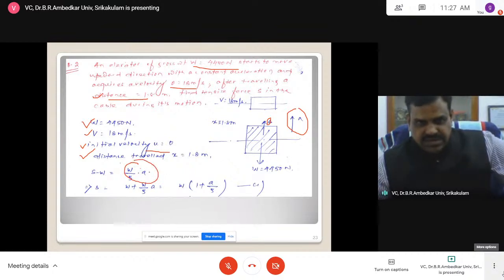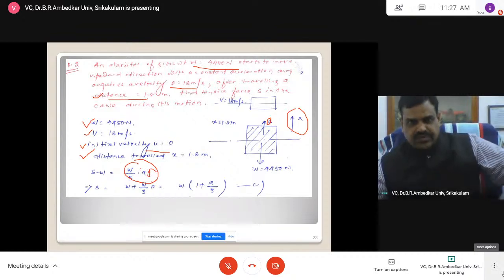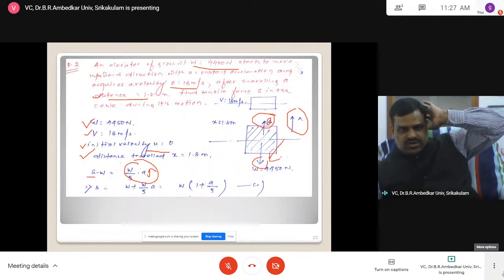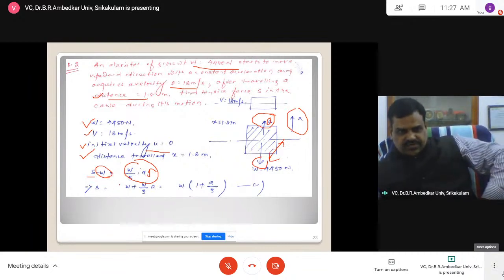The acceleration direction is this here. In the direction of acceleration is positive, and this is opposite to this. That is the weight. Both are opposite. That's why it is negative. Now from this expression, S is equal to this, you move this side. This is the expression.